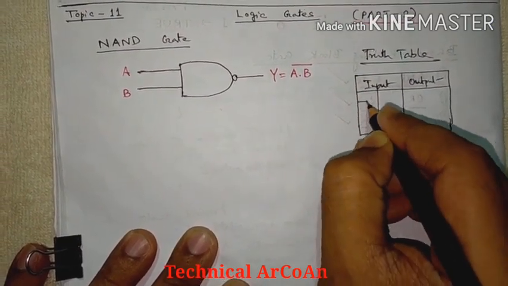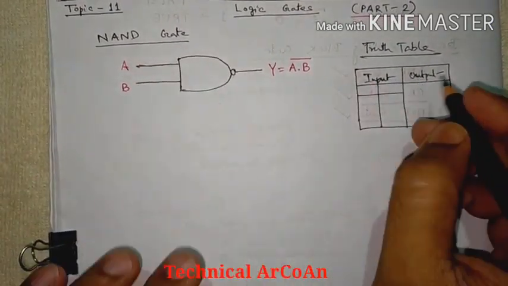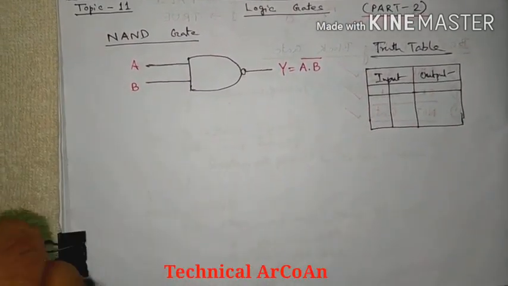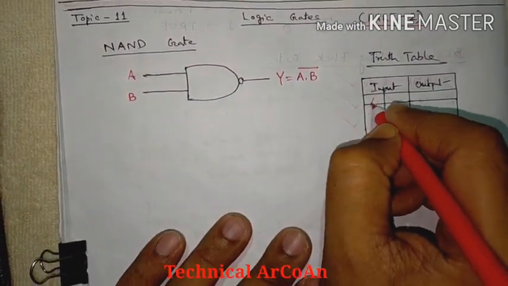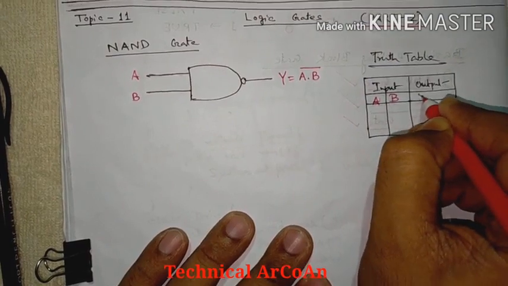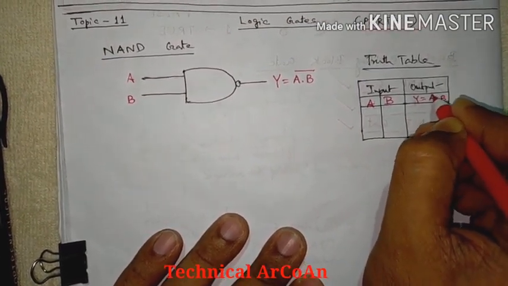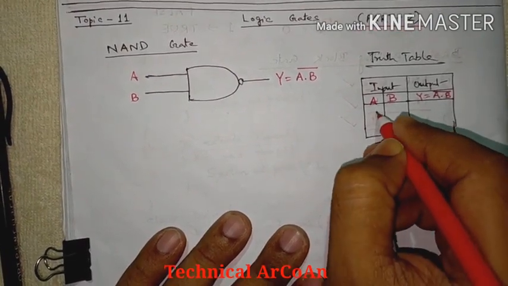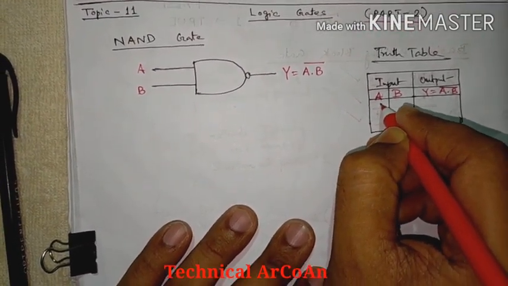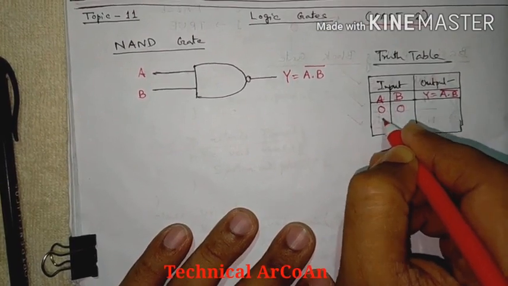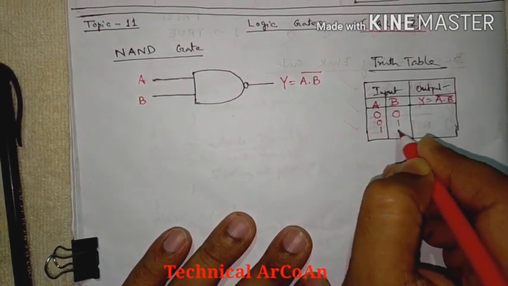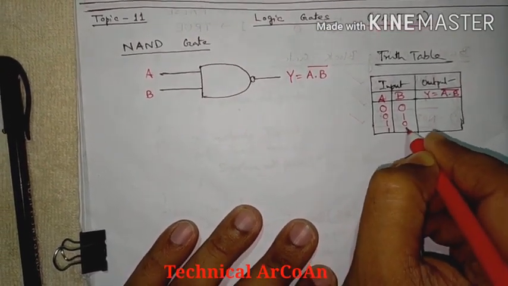Here input is 2 and output is only 1. So input is A and B and output will be Y equal to A dot B whole complement. Clear? And what will be the input values? 0 0, 0 1, 1 0 and 1 1.